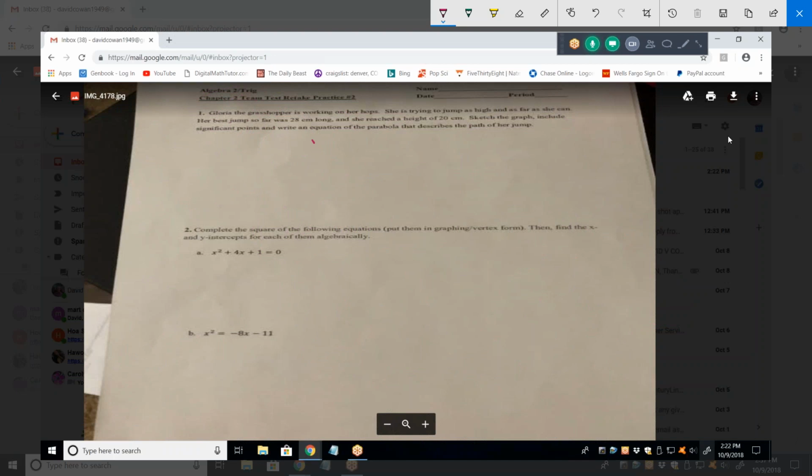It was x plus 2 squared minus 3 equals y. Okay? So when I solved for the y-intercept, I made x 0 and I got 1.